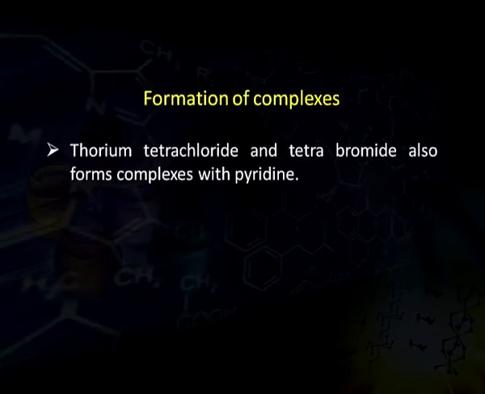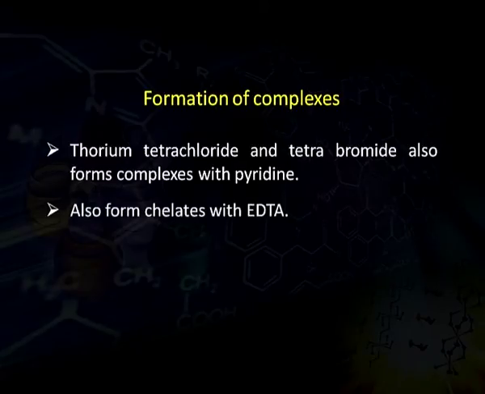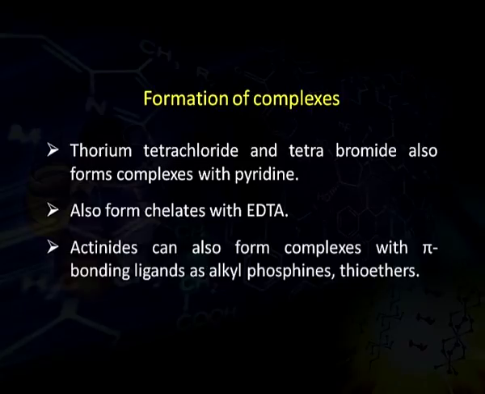The thorium tetrachloride and tetrabromide also form complexes with pyridine. It also forms chelates with EDTA. Chelate means it has a ring type structure. The actinides can also form complexes with pi bonding ligands such as alkyl phosphines and thioethers.